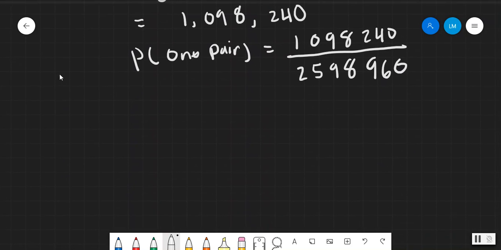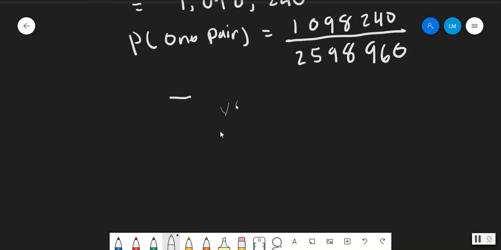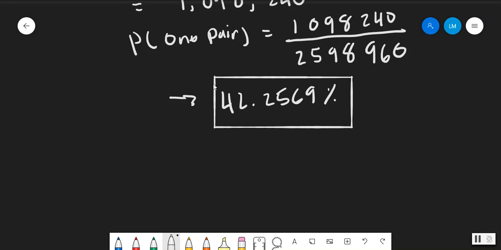Okay, so that's going to tell me that the probability is going to be approximately 42.2569%. So that means that there's a really high chance that you get one pair at best.